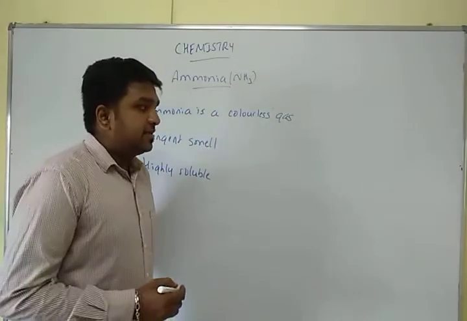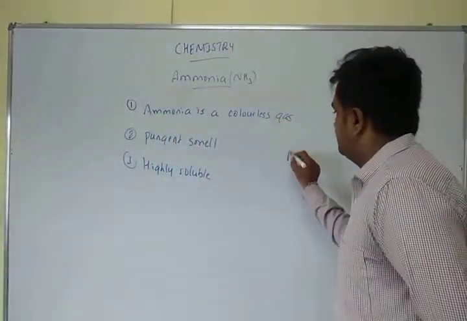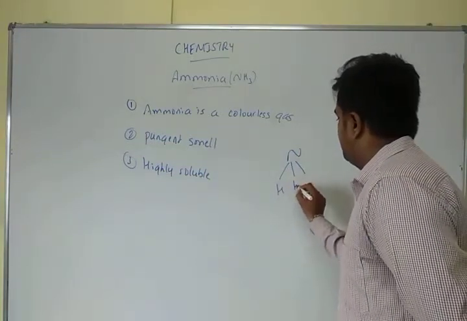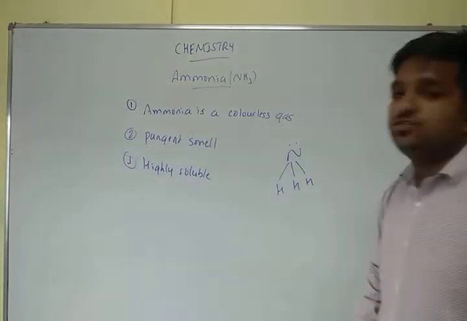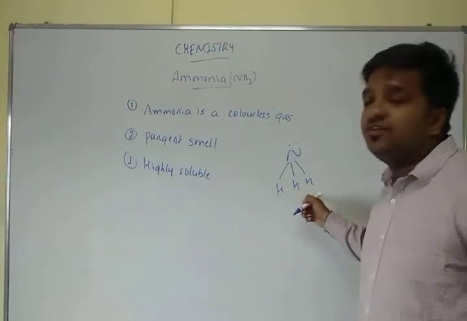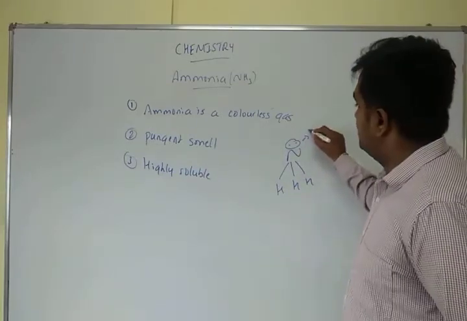Coming to the representation or structure of ammonia. This is the simple representation of ammonia. Nitrogen is bonded with 3 hydrogens. We have a lone pair of electrons. Clear?